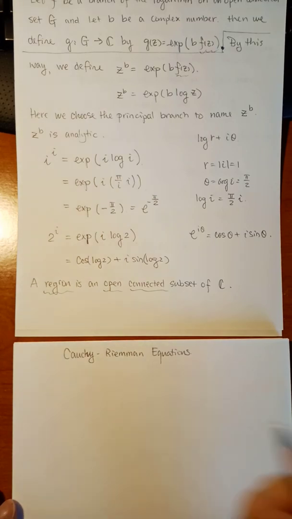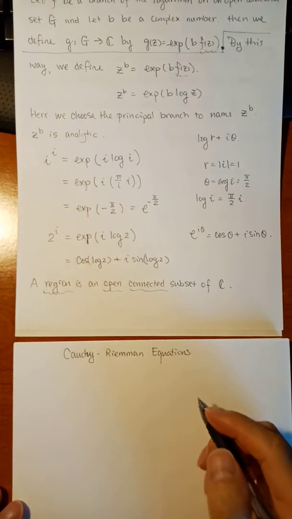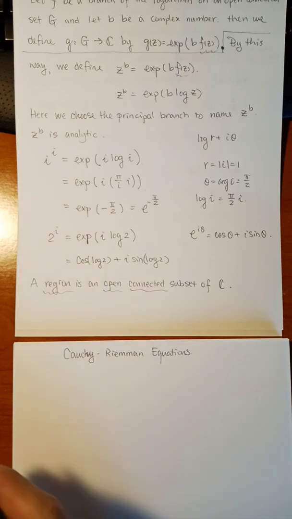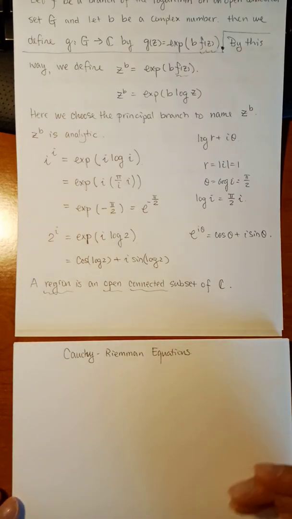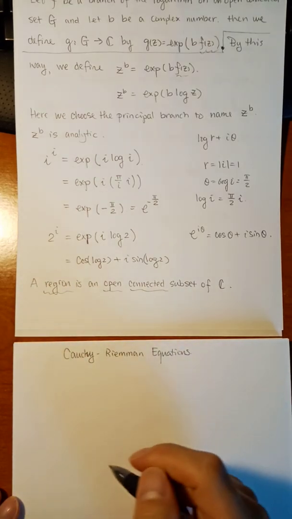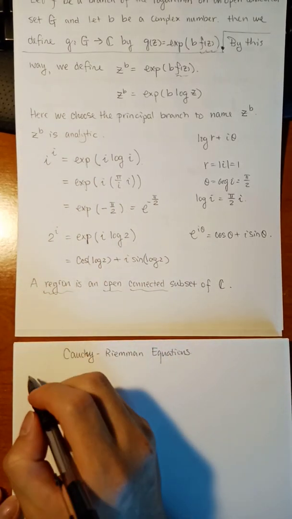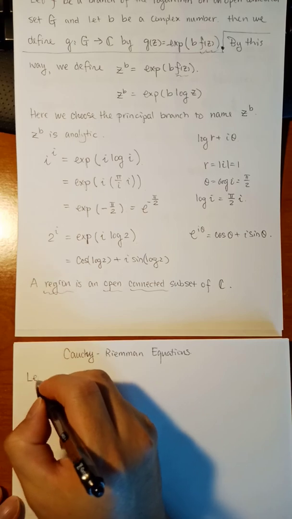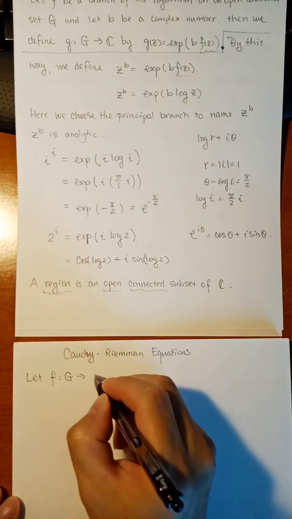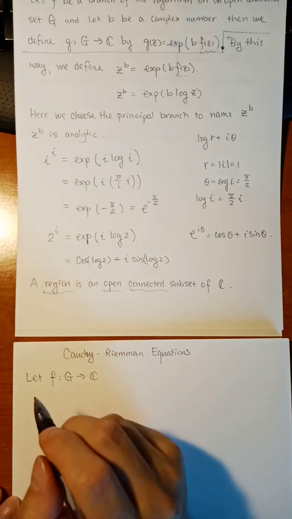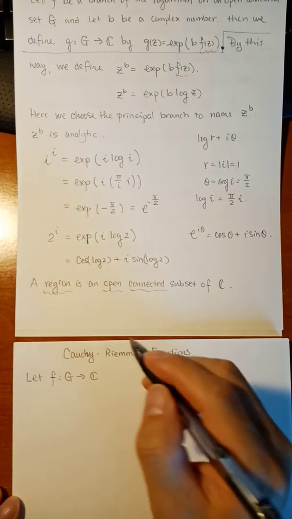Cauchy-Riemann equations are the study between the real differentiation and the complex differentiation. Real differentiation and the complex differentiation. Okay. So let f from G to C be analytic.